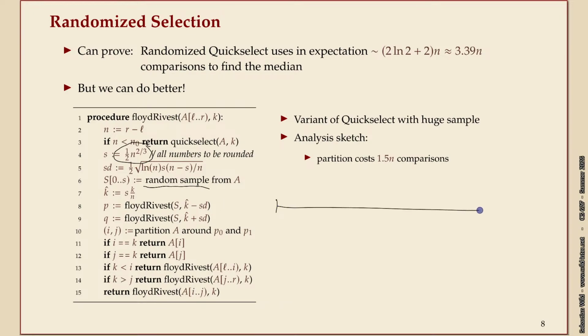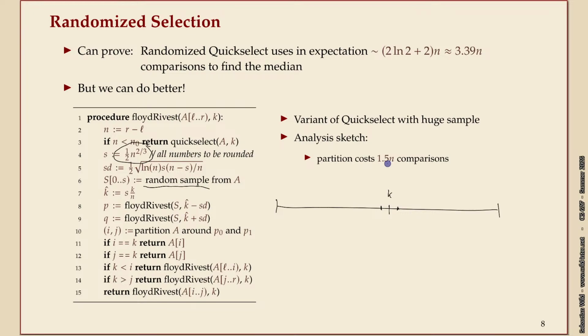The idea is that you suppose you want to find the median. So here's your k. You pick a large sample from this array and find two elements whose ranks are just left and right of k by a small amount. And then you do one big partitioning step to narrow down the list to this tiny space.